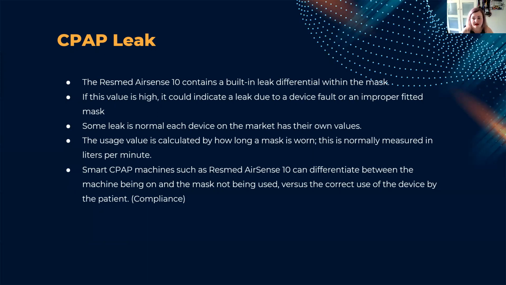Now, as I said, some leak is normal, and every device on the market has its own threshold, and this is contained in their manuals. Now, this is also used to calculate how long the mask was worn, and it's normally measured in liters per minute. And this you will also find in the clinical representation a little bit later.